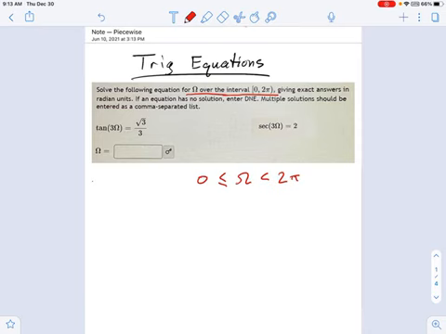Those are the solutions we want. But we're talking about 3 omega, not just regular omega. So that means it's going to be less than 6 pi and greater than 0. So instead of just figuring out what solutions we have on the unit circle for 3 omega, we need 3 times around the unit circle.